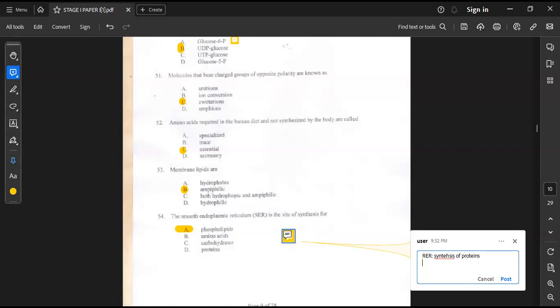The smooth endoplasmic reticulum also synthesizes carbs. It synthesizes carbs, lipids, and steroids, but majorly the phospholipids. The carbs are synthesized, yes, but they are not the main product of the smooth endoplasmic reticulum. So for carbs, I'd say it's still smooth, but not the main product there.